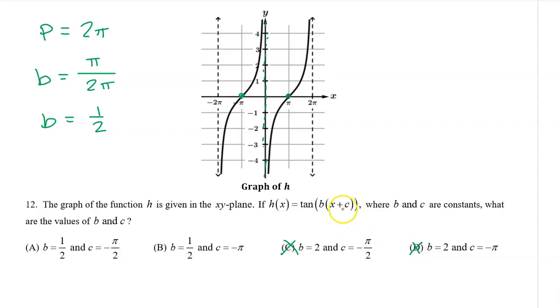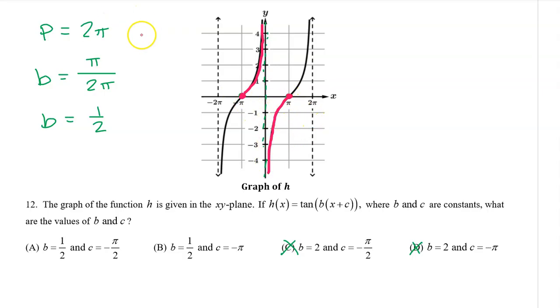The C value is the opposite of the phase shift. When looking for the phase shift of a tangent function, you should view one period of the tangent function as going from midpoint intercept to midpoint intercept. So one period of this tangent function is going to appear sort of like this.